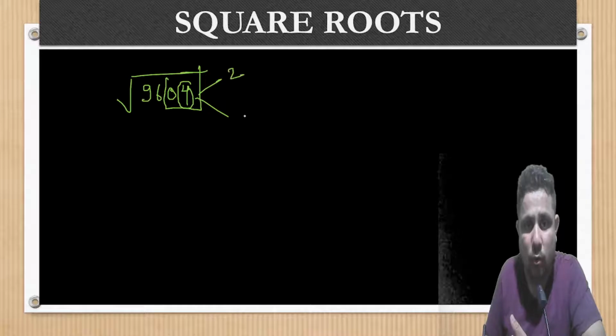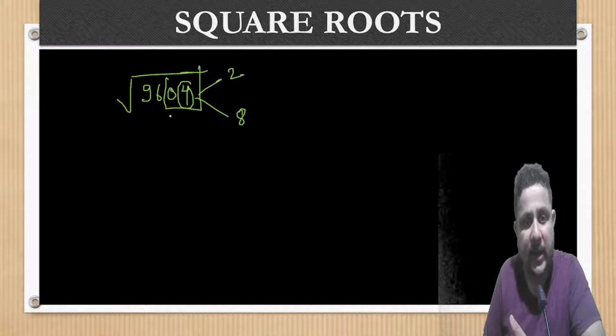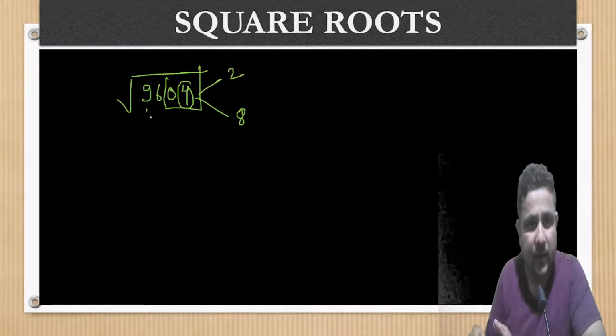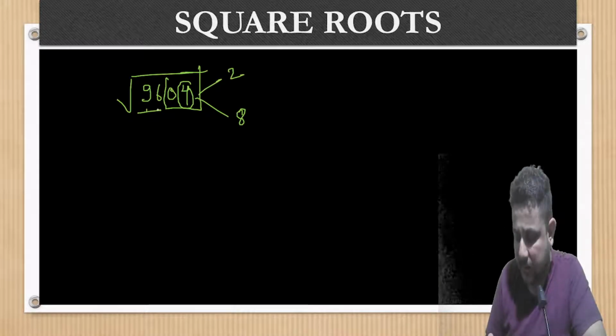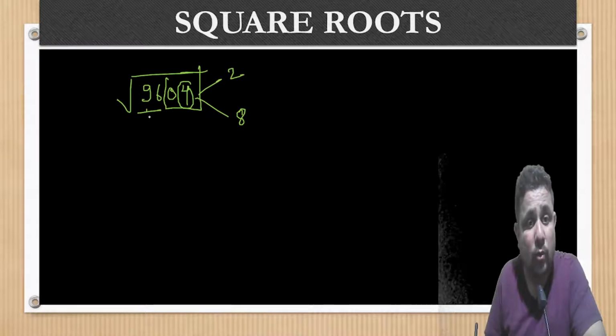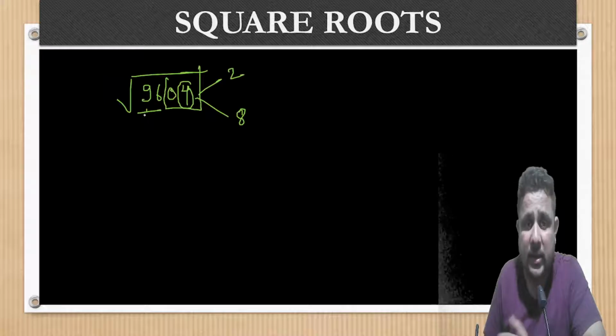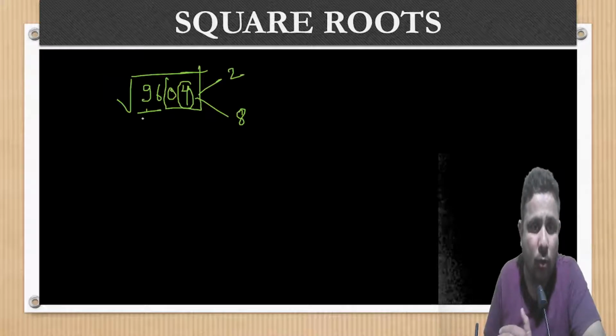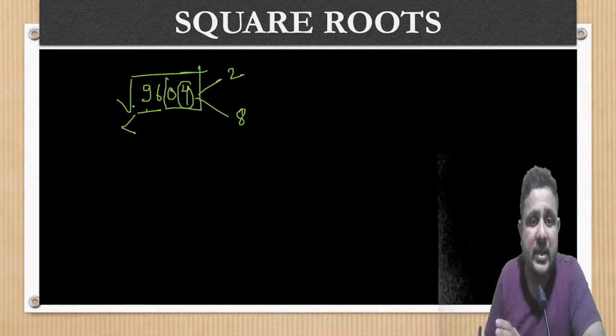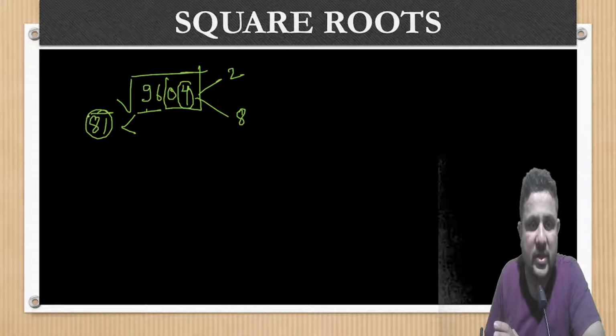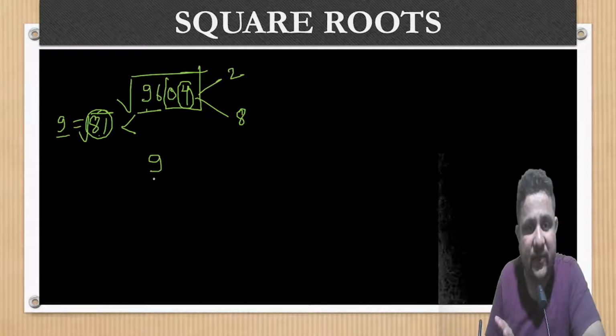So you will say 2 and 8. So your answer's unit digit is going to be either 2 or 8. This is confirmed now. Now just move on to part A. Part A is 96. So 96 is not a perfect square. Just go before 96. So which number is a perfect square before 96? 81. So the square root of 81 is 9. It is the perfect square of 9 actually. So your answer's first digit is 9.